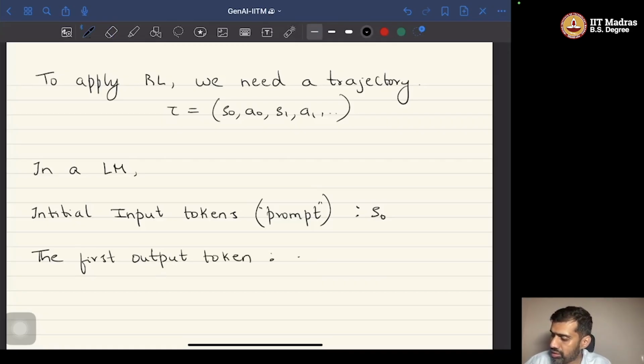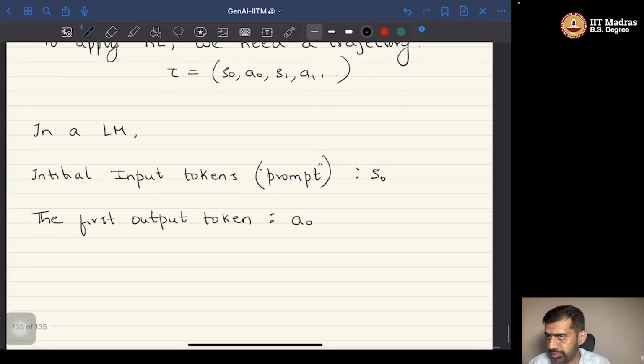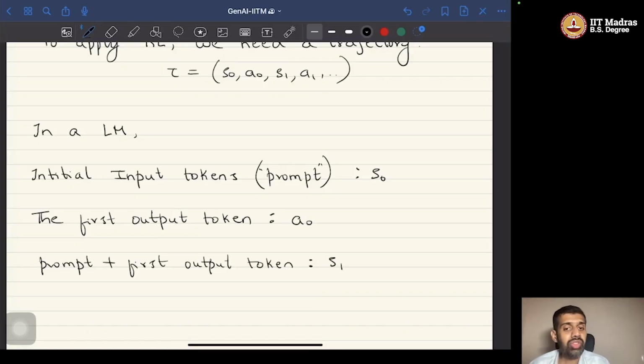Then the prompt plus the first output token is itself taken as S1 and so on. So we do it cumulatively.